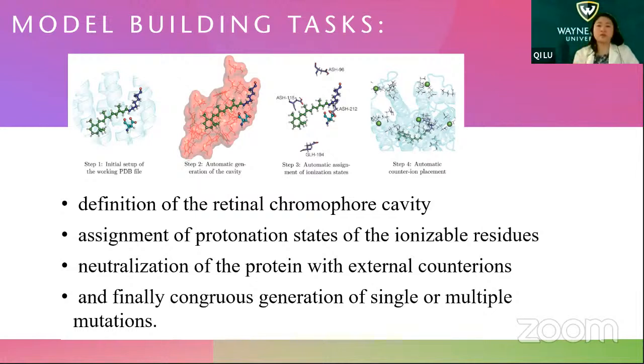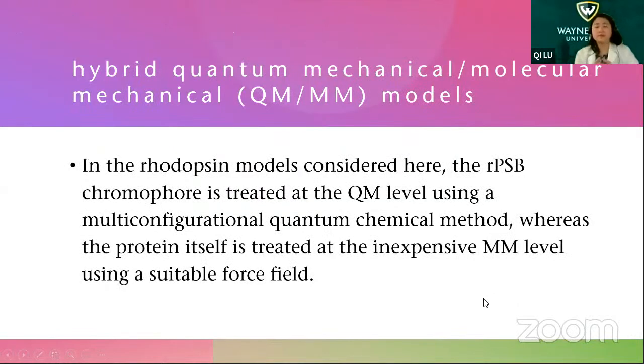The most important part and the meaning of a software model is that it can predict the results of single or multiple mutations.